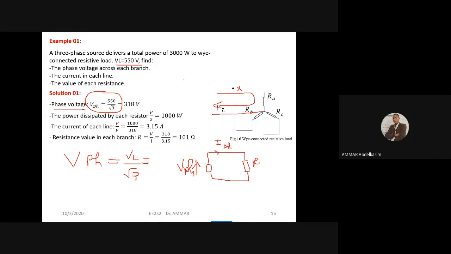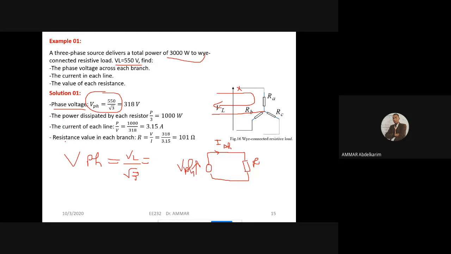So the power dissipated by each resistance is, of course, P over 3, because the total power is 3000 watts. So the power of each resistance is P over 3, and it's 1000 watts. Now the current here equals what? In this question we don't have the resistance value.